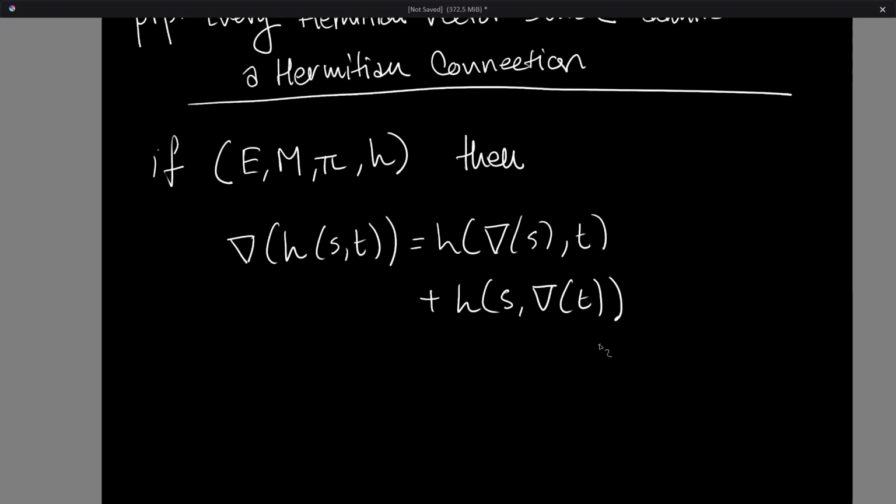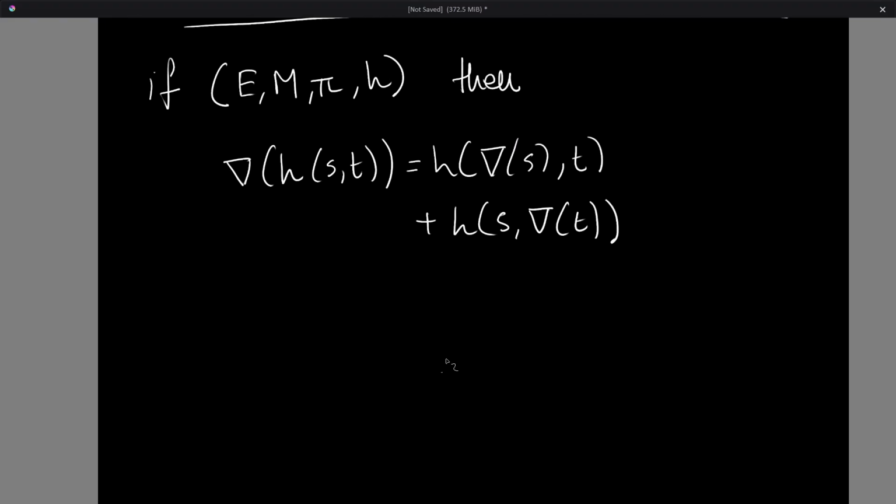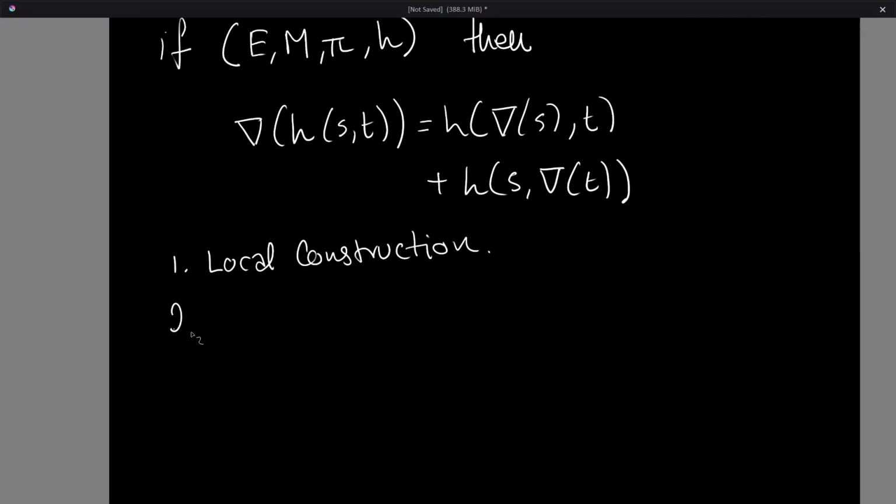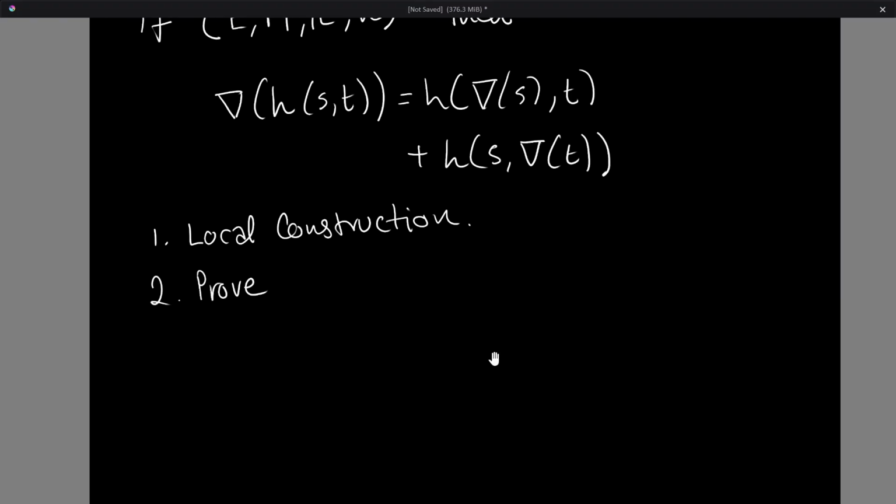I'm not going to go over the proof in detail here because it's the same principle as the other one. First, we do a local construction. We then have to prove that we have to do this for the previous one as well. I didn't emphasize that as much, but we did prove it. We looked at whether the form that we had made was actually going to be sesquilinear or not.